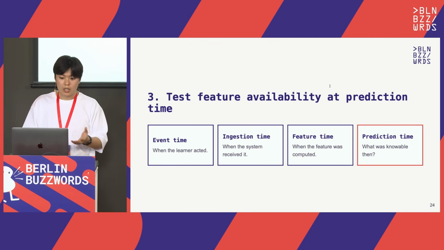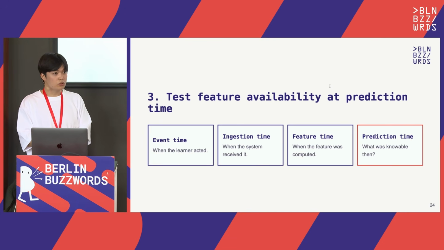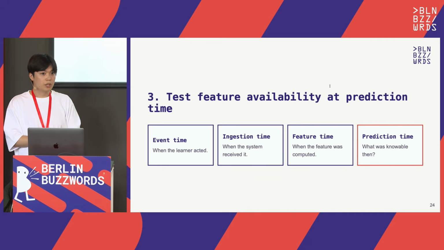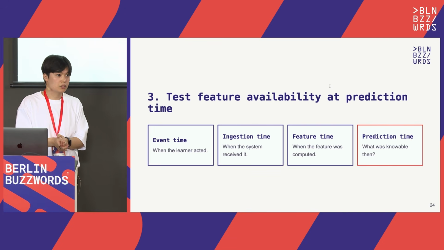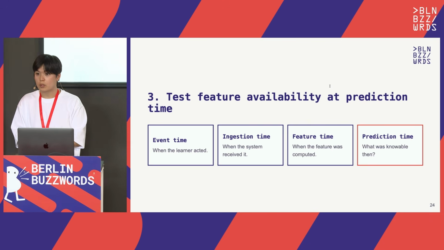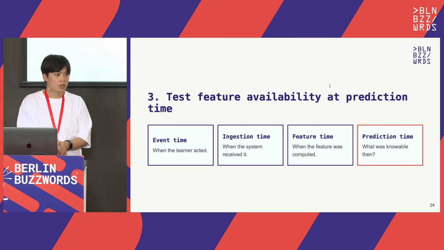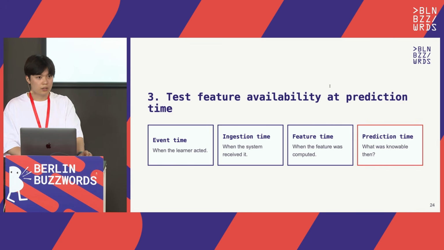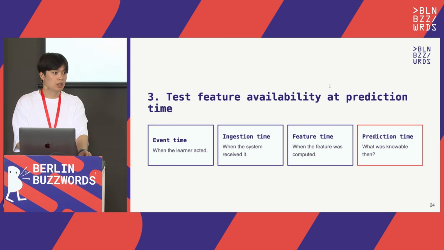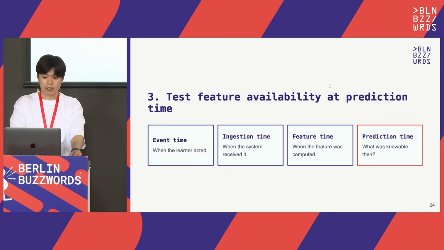However, during prediction, we might not have enough data to compute the feature with the same accuracy. Some of the features can be absent during online inference. Thinking about this can help us eliminate some leakages.